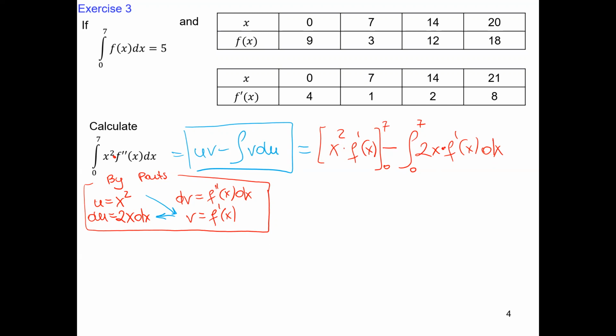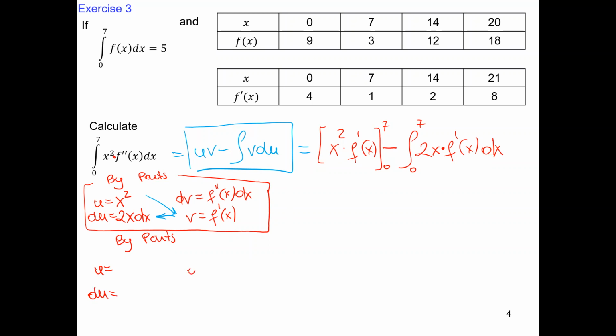We may apply integration by parts a second time, because we will anti-differentiate this. We will have f of x, and we will differentiate 2x, which will be just 2. I'm seeing the simplification, but we never know what we will end up with.